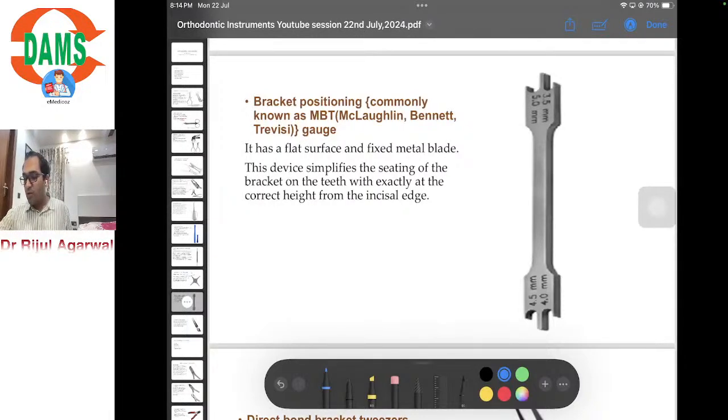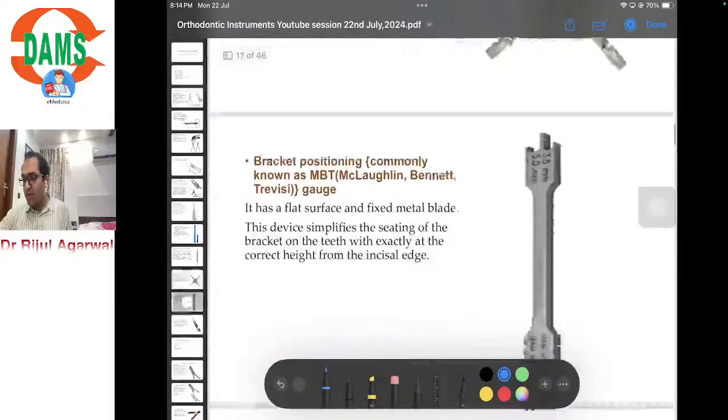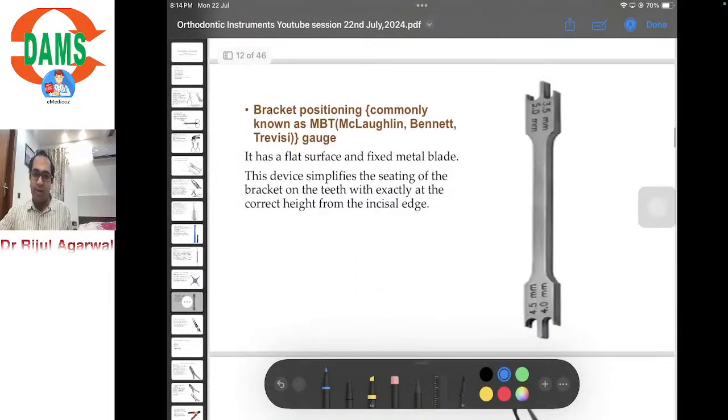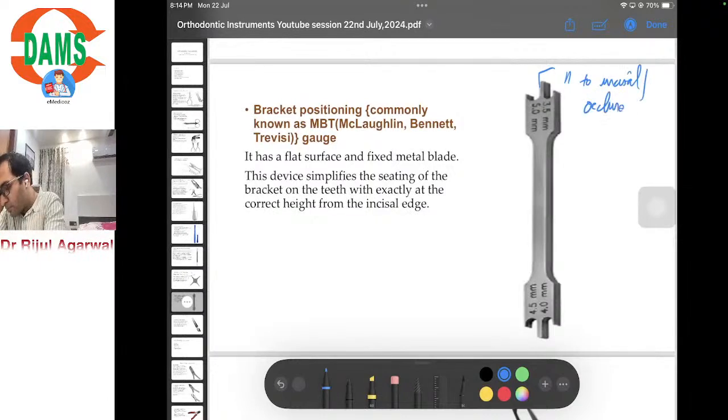Similar to the Boone's gauge, which had a pencil, it does not have a lead attached to it. The brackets are directly positioned with the help of it. Again, this edge goes parallel to the incisal or occlusal edges, and this end goes inside the bracket.